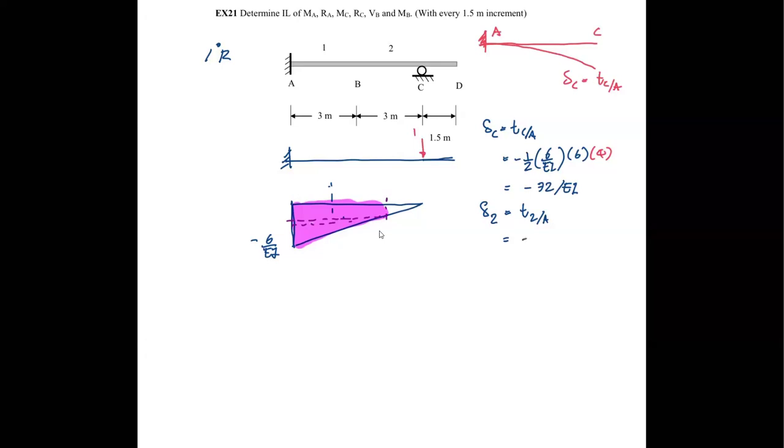This is minus 45.56 over EI. You can just use the one rectangle and one triangle to get this, or the method that I used, which I don't recall, but give me some minutes afterwards. I may recall something. But for now, let's save some time and go ahead with the numbers.